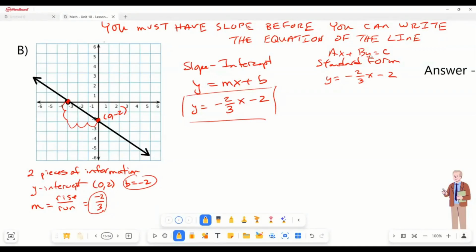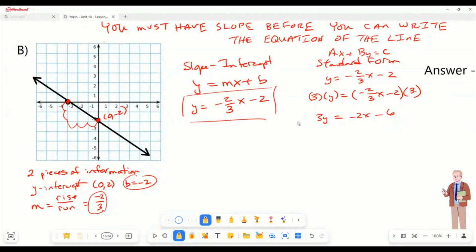All right, we need ax plus by equals c. The x is over here. There's a fraction. First thing I'm going to do is get rid of the fraction. y equals, the 3s divide out. We're left with negative 2x. Negative 2 times 3 is negative 6.